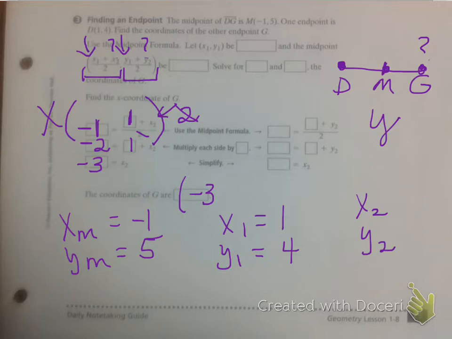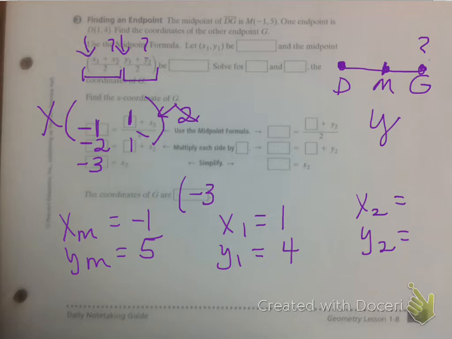And we just found one of them was negative 3. But that's what we're trying to do. So we're just plugging in to the midpoint formula, and now we're isolating a different variable. And it's going to take 2 steps. And you're always going to multiply by 2 to get rid of the half, and then you're going to subtract the other to the other side. It's as simple as that. Multiplying by 2, subtract over to the other side, get your x2 or y2 by itself.